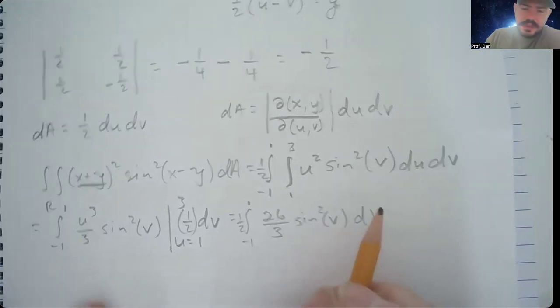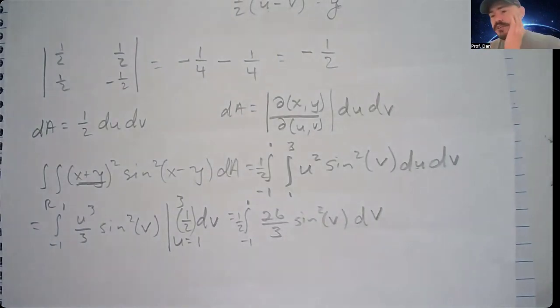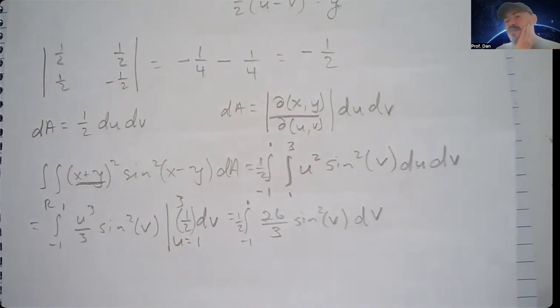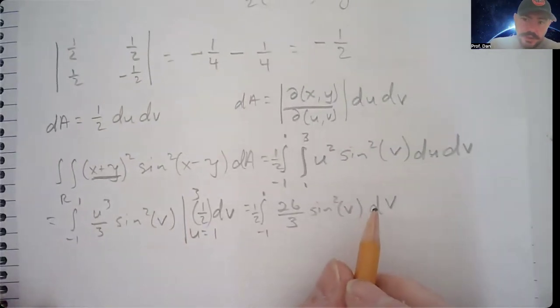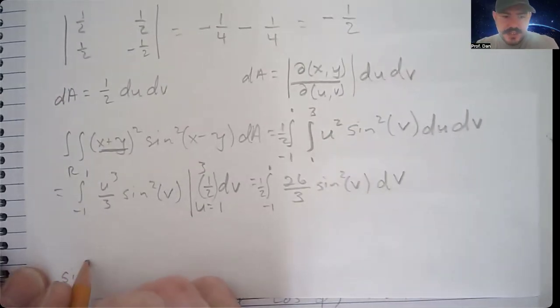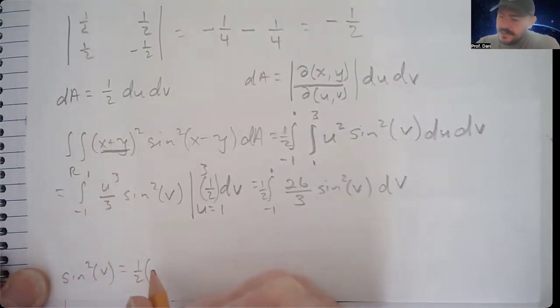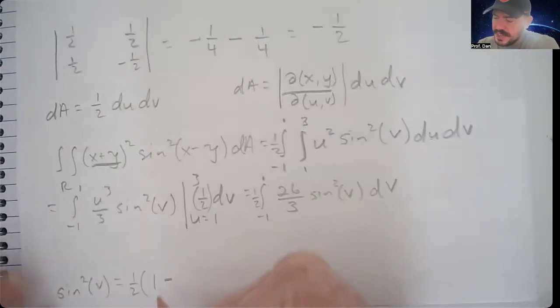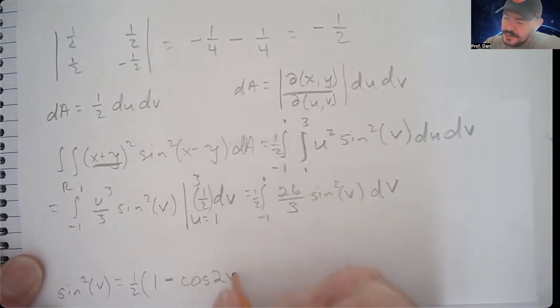All right. And at this point, we have to evaluate the integral of sine squared. Remember, when we get weird powers of sine or cosine like that, we can use our power reducing formulas, right? Those are the ones that are based off of your cosine double angle formula. So the identity that we're going to use is sine squared of v is equal to 1/2 times 1 minus cosine of 2v.